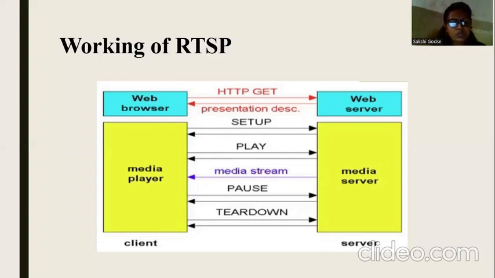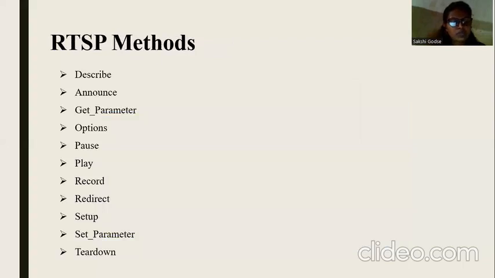Then the server informs the client with an OK, or an acknowledgement response, to indicate that the stream has been prepared successfully. Then the client starts the streaming with the RTSP play request and ends the streaming session with the RTSP teardown request.